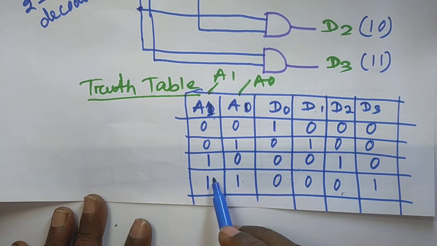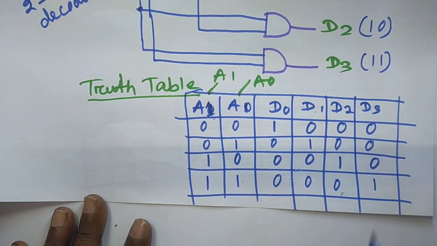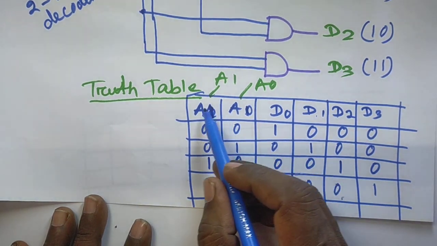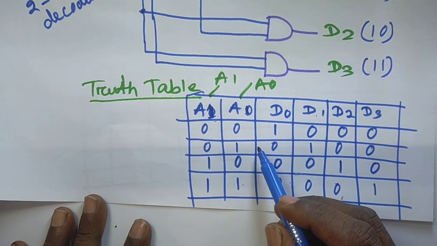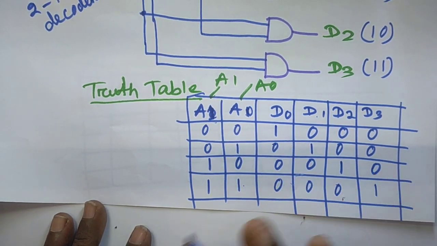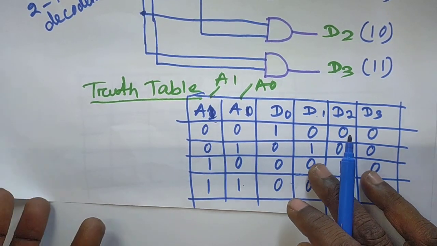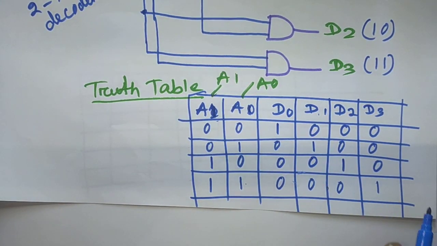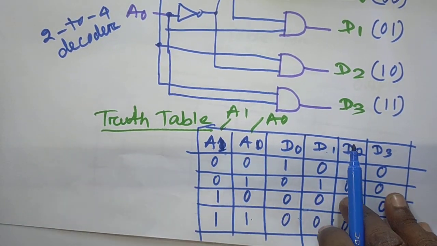Just a reverse case. The part considered as input in the decoder, this two-input part, is considered as output in the encoder. Same case, don't worry about this. These are inputs and these are outputs.